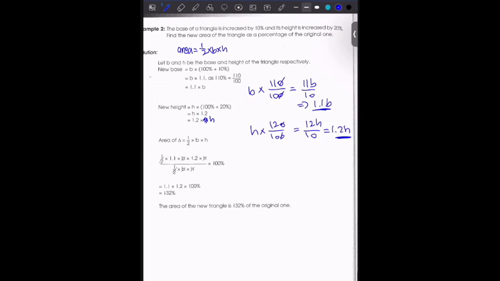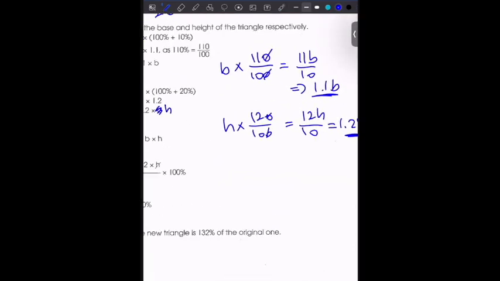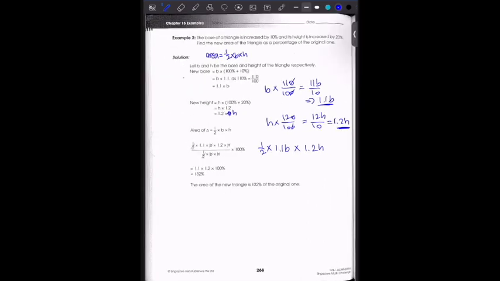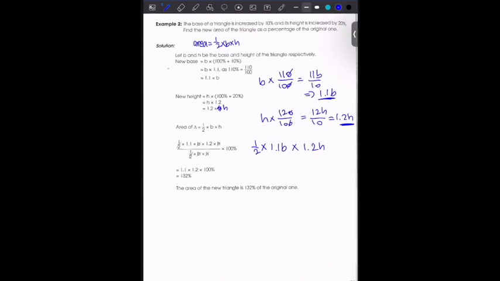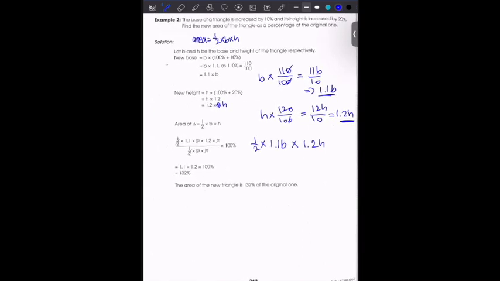And so with the new base and new height, we're going to calculate the new area. So that is going to be 1/2 times 1.1B, which is our new base, times 1.2H, which is our new height. And so that is going to be our new area.